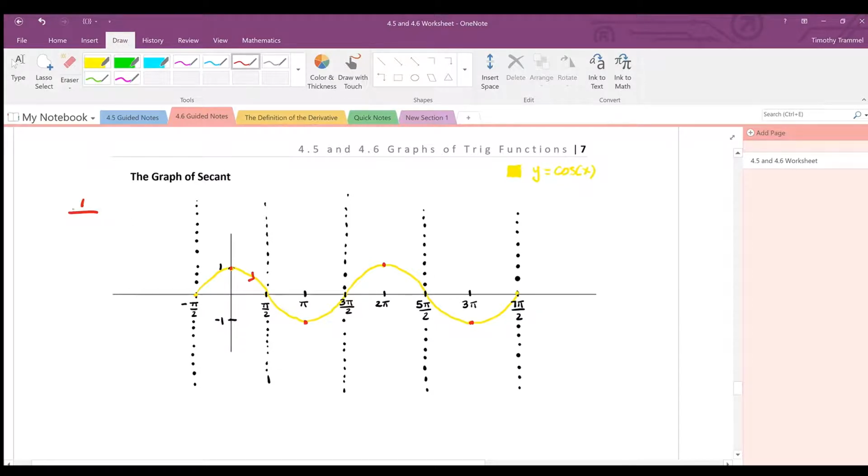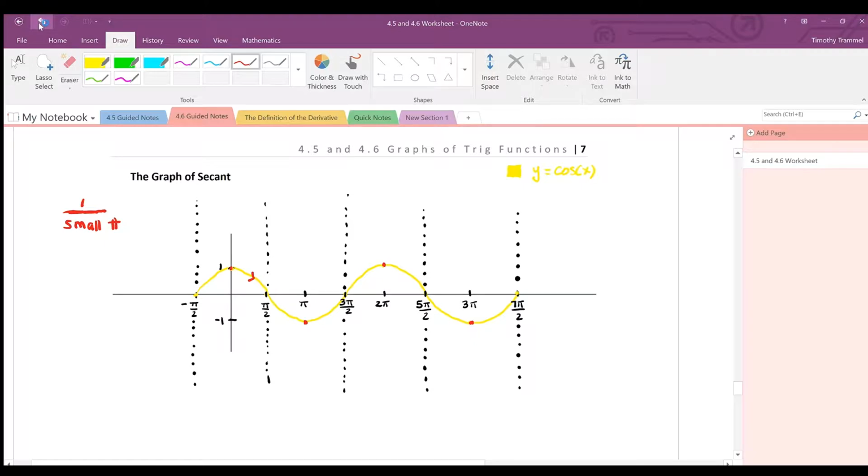So you're going to end up with 1 over smaller and smaller numbers. And if you do 1 over a small number, you get a big number. And so since those numbers on the bottom are getting smaller and smaller, the result is bigger and bigger and bigger. And so we do get an asymptote here, and the same thing happens on the other side.